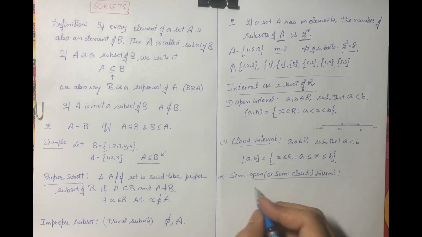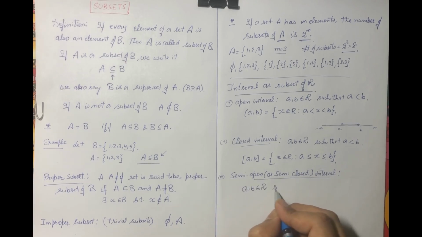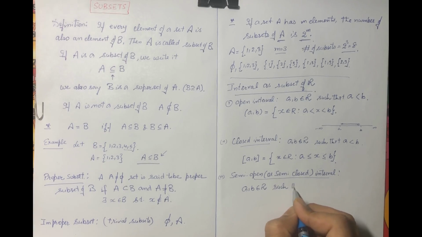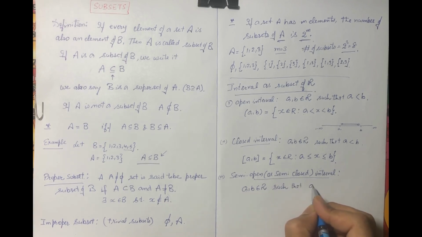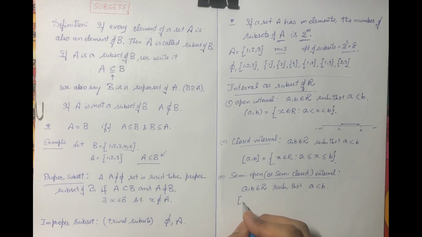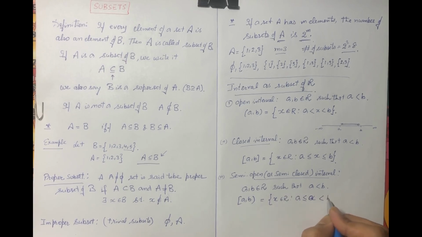So we start with same, a, b belongs to R such that a less than b. So semi-open means x belongs to R with x greater than or equal to a but strictly less than b.